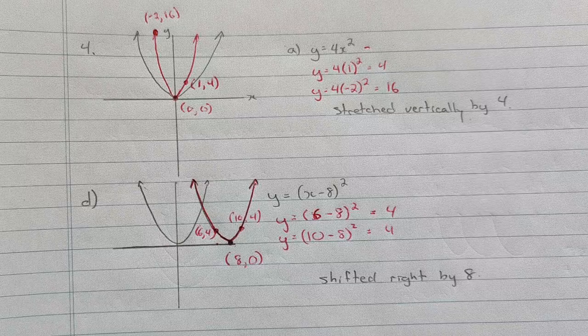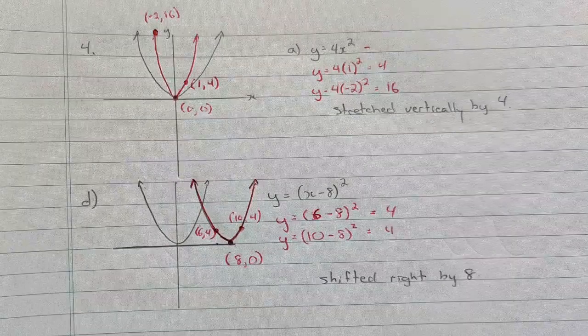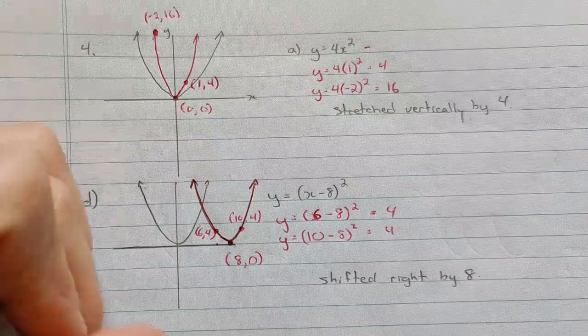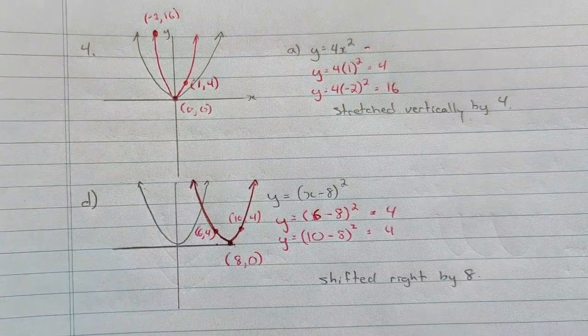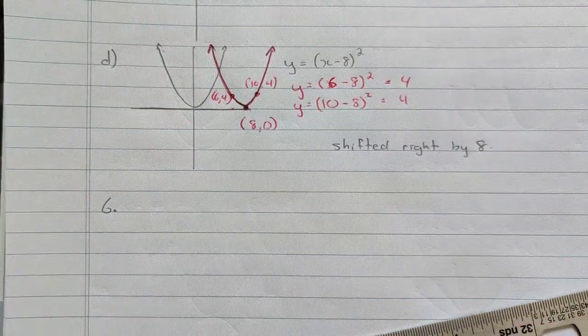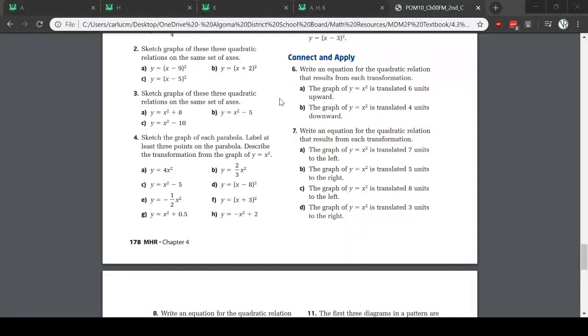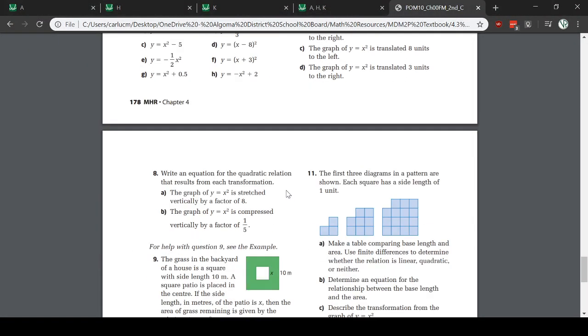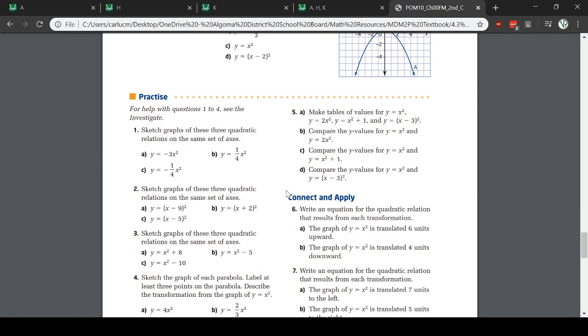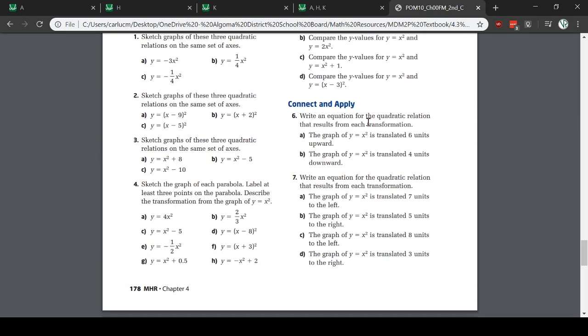Do part A from number 6 here. Write an equation for the quadratic relation that results from each equation. Y equals x squared translated 6 units upward.